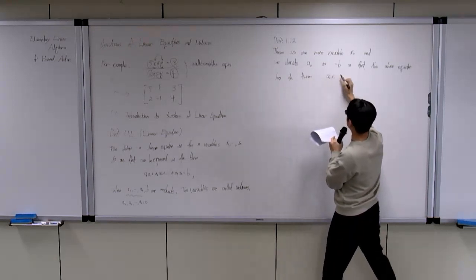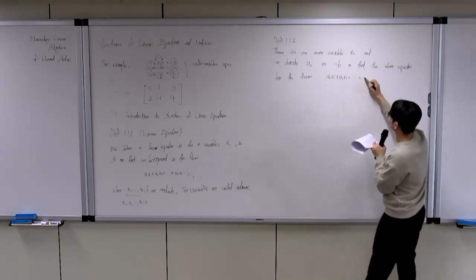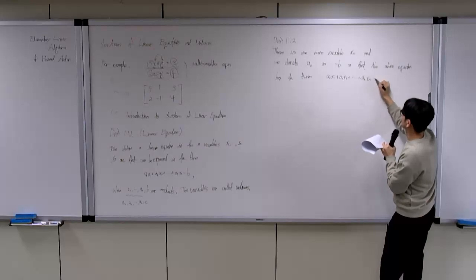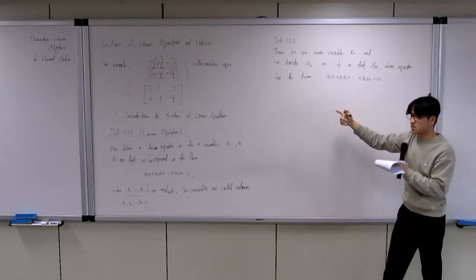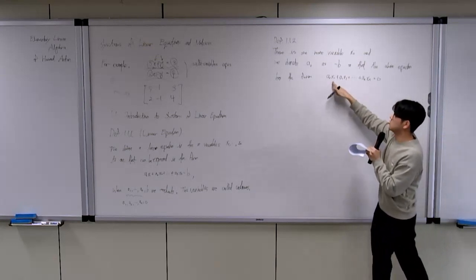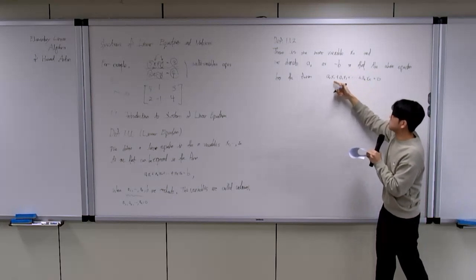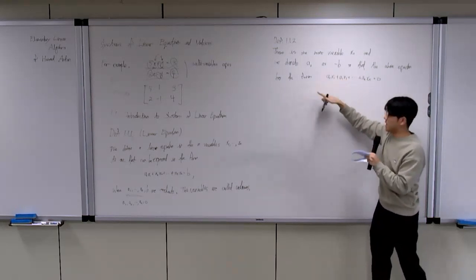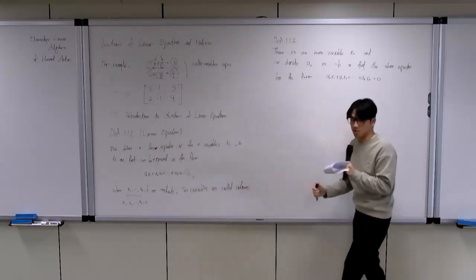a0 x0 plus a1 x1 plus up to an xn equals 0, and if we substitute x0 to 1, then we will get the original equation.